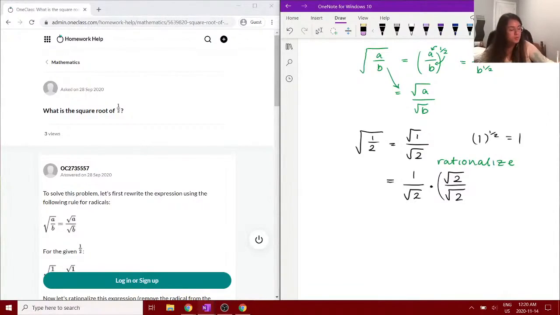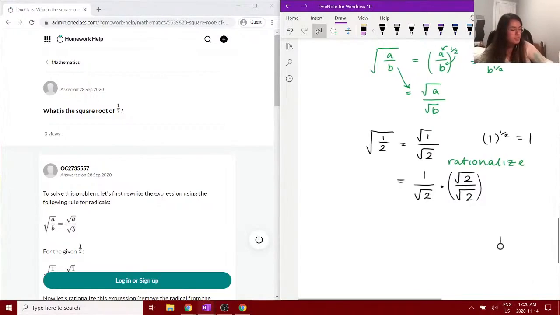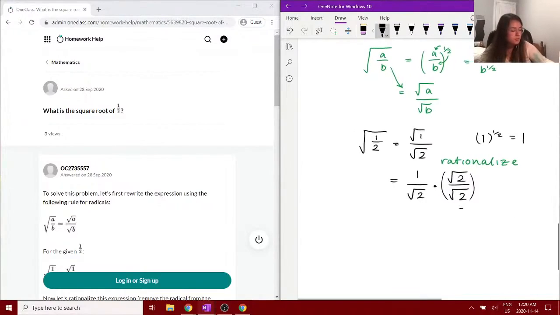So when we multiply by this rationalizing term, you can see that it is equal to 1. That's why we're allowed to multiply our term by this factor, because technically multiplying by 1 won't change the overall equation.